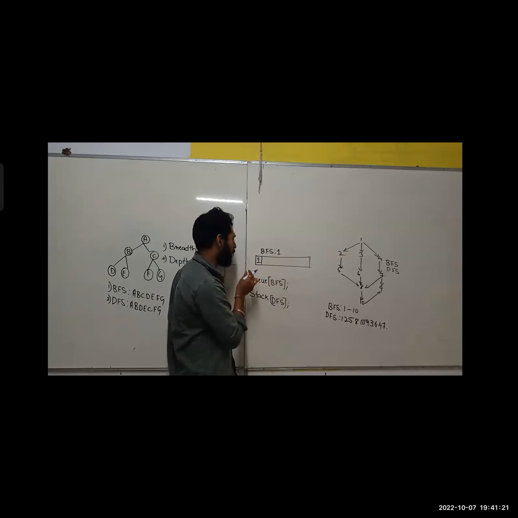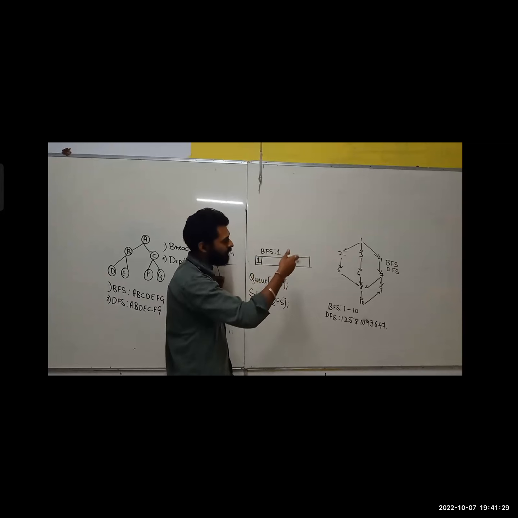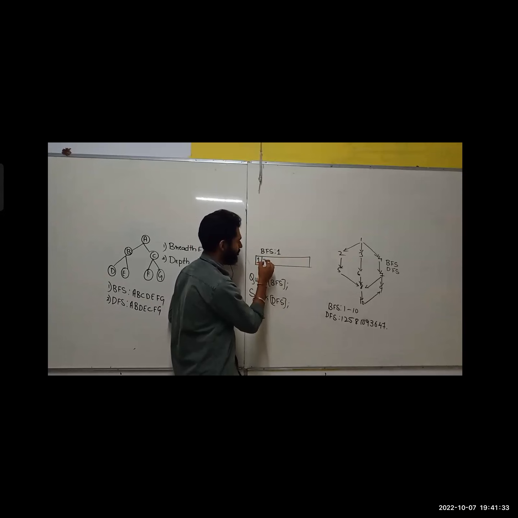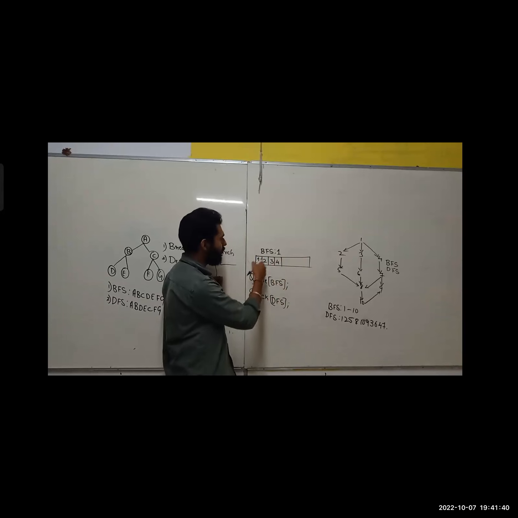Meanwhile, whatever you are dequeuing, check is there any adjacents for that? Adjacents is nothing but alternatives or children. Is it there? Add all those. Getting my point? Now this you have attached to BFS.